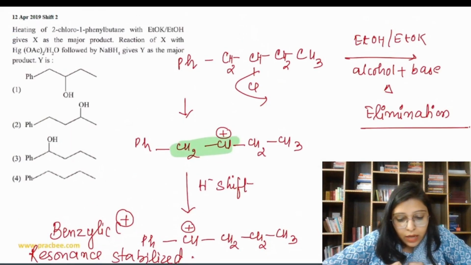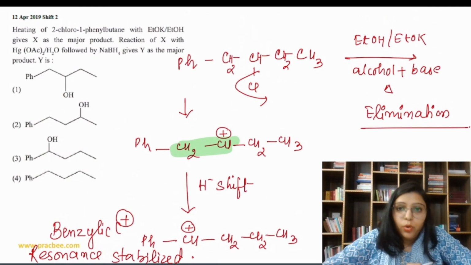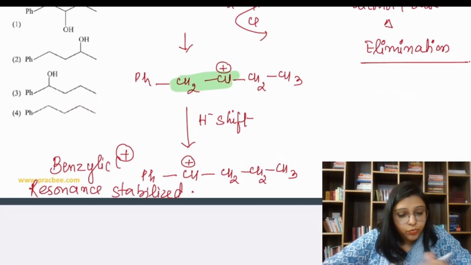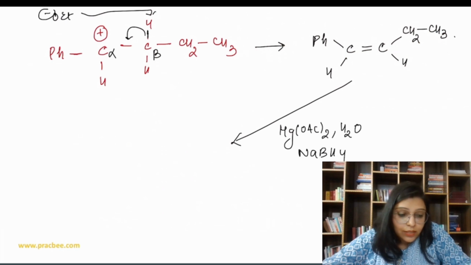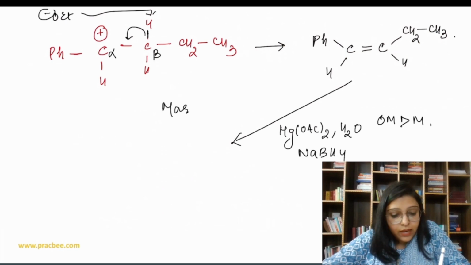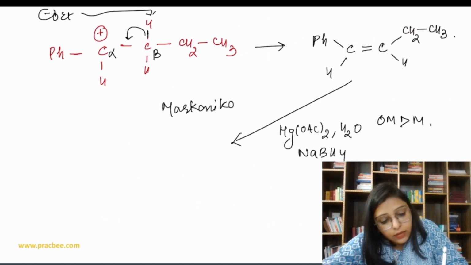Okay. Now, reaction of X with Hg(OAc)2, H2O followed by NaBH4. This is OMDM, oxymercuration demercuration reaction, and for this we have to do Markovnikov attack without rearrangement.